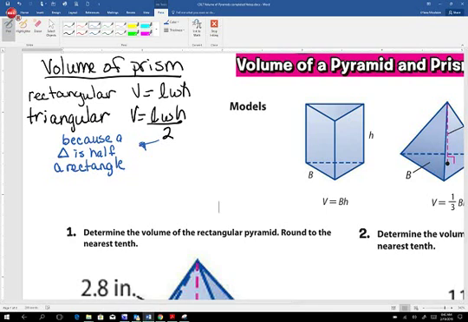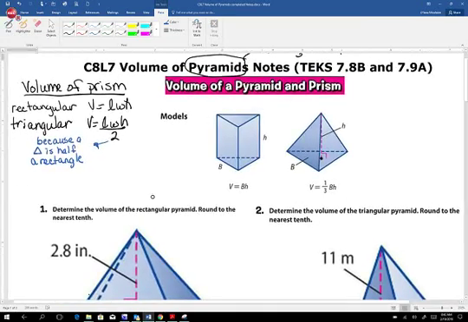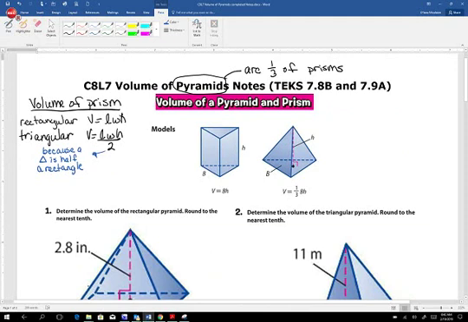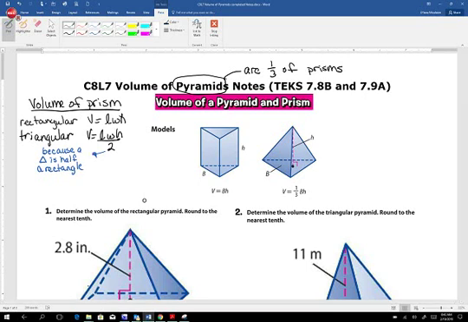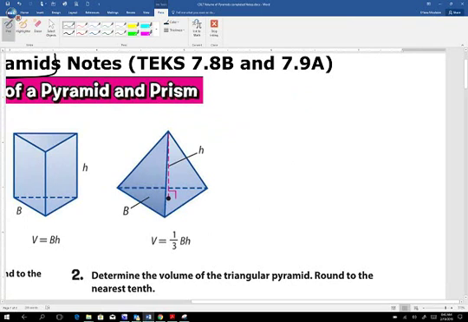So now we are going to look at finding volumes of corresponding pyramids. And again, we already noted that a pyramid is 1/3 of a prism. So we can take volume of prisms, and I do solve the formulas a little bit different.